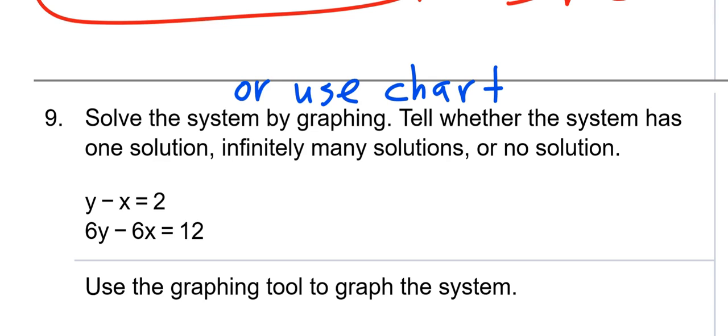Okay, so solve each one of those and set them equal to y. Get y by itself.